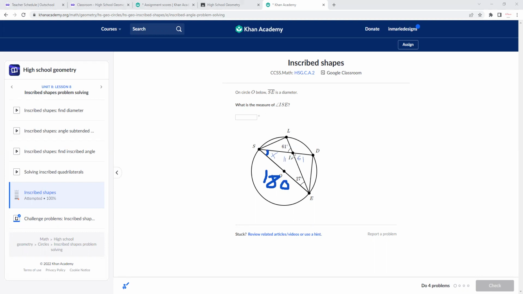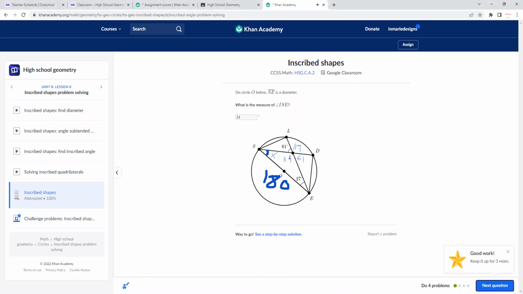So this is 119 and this is 119. That's a triangle there. A triangle is 180. So 180 minus 119 is 61, minus 27 gets you the missing angle. ISE is 34 degrees.